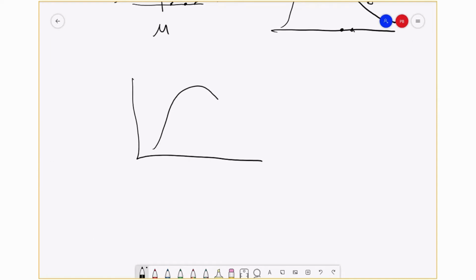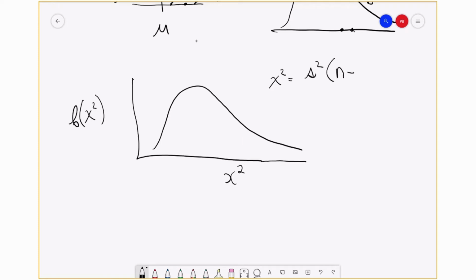On the x-axis we get different values of chi-square. On the y-axis, the probability density of chi-squared, and we can think of each chi-squared as being S squared times n minus 1 over sigma squared.